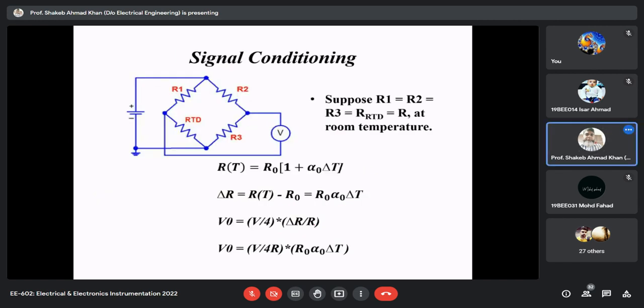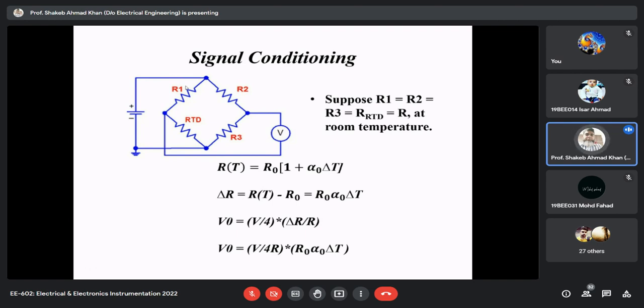Now signal conditioning. I told you that the bridge circuit is considered one of the best circuits for signal conditioning of a resistive sensor. Like a strain gauge, your RTD is also a resistive sensor.